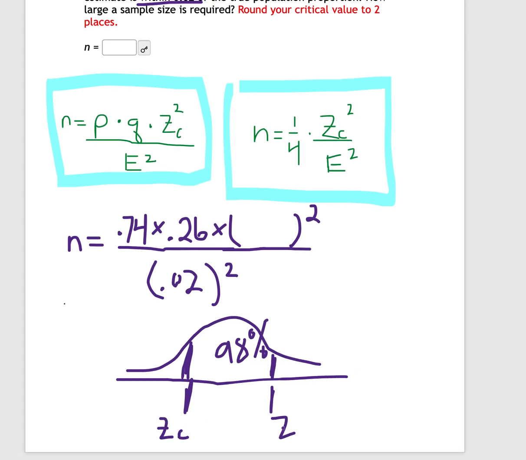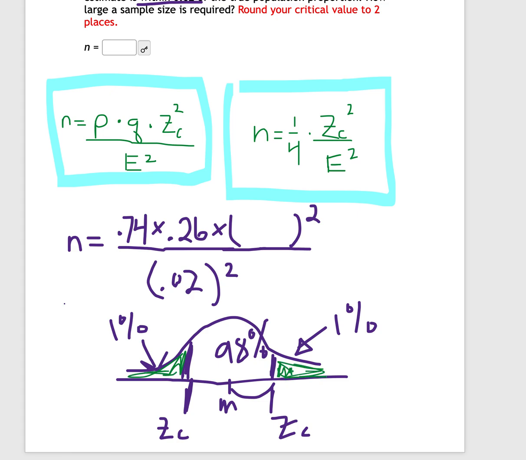We're trying to find how many standard deviations out from the mean we are from here to here. So that means if I want 98% to be in the center, then what's left over from 100 would be 2%, and we have to split that up on each of these wings. So each of these wings contains 1%.